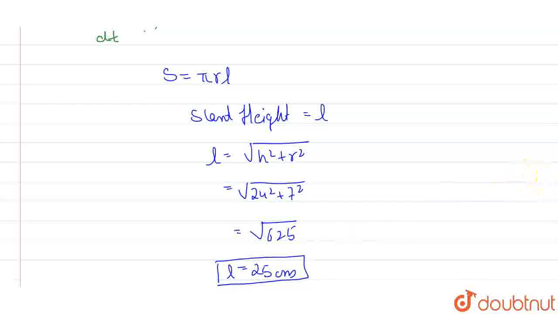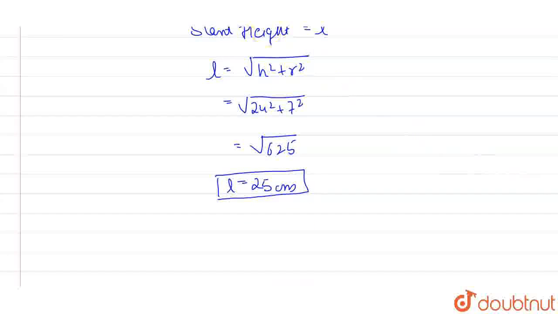And also to find S equals pi r L, our lateral surface area, we also require dl by dt. From this equation we can find dl by dt. We have L square equals h square plus r square.